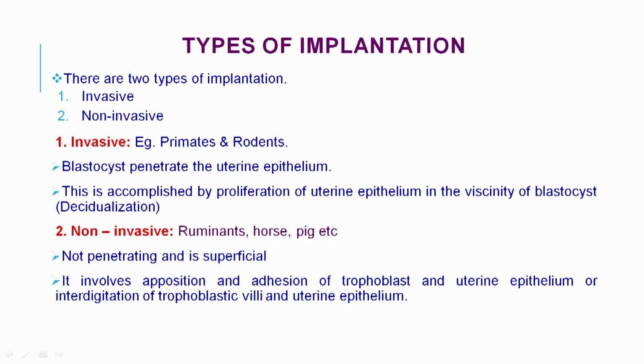Non-invasive implantation normally takes place in ruminants, horse, pig, etc. It is non-penetrating and superficial. It involves the apposition and adhesion of the blastocyst and uterine epithelium, or interdigitation of trophoblastic villi and uterine epithelium.